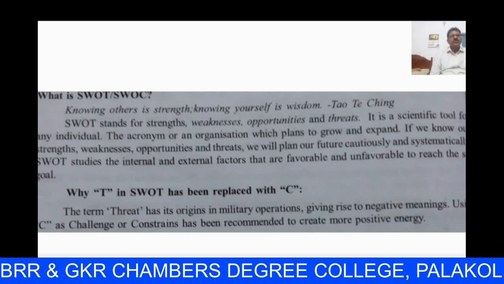Those who know these pillars like SWOT or SWOC, strength, weakness, opportunities, threats, can reach their goals easily.